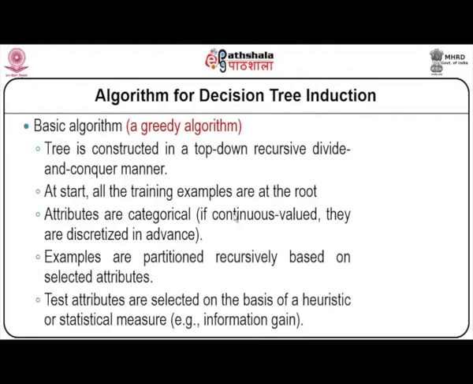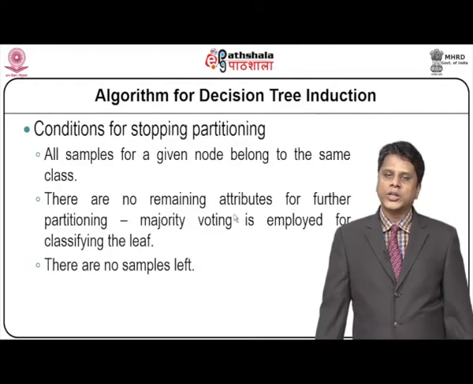Examples are partitioned recursively based on selected attributes, and test attributes are selected based on a heuristic or statistical measure, which is primarily based on the information gain, that is the entropy value of the given attribute. So, when do we stop the partitioning?